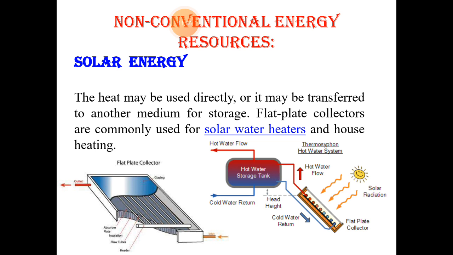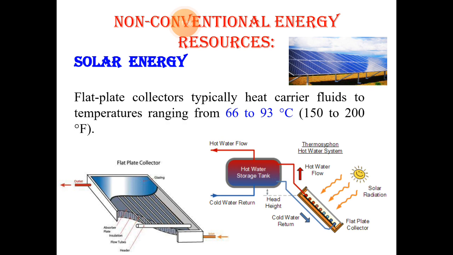The hot water is sent out for household purposes through an outlet. It is recorded that nearly 66 to 93 degrees centigrade of temperature is recorded in the water heaters used in solar energy. The hot water is used for household purposes, especially for bathing.